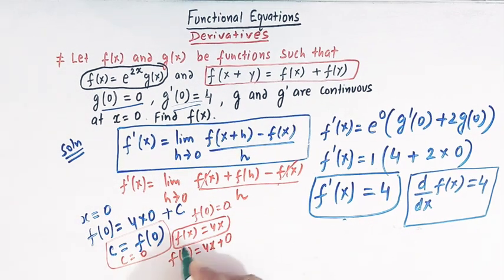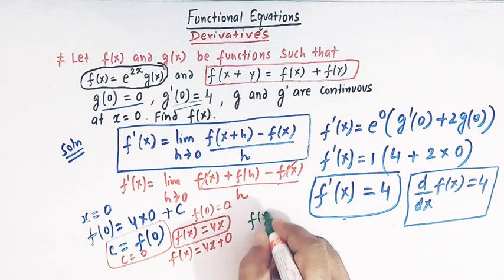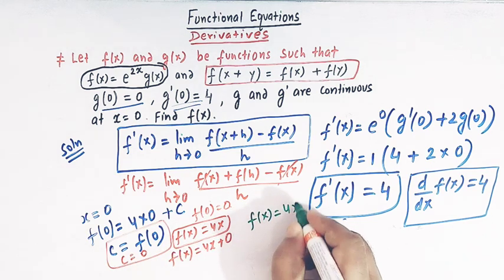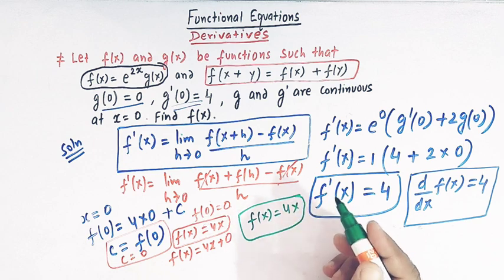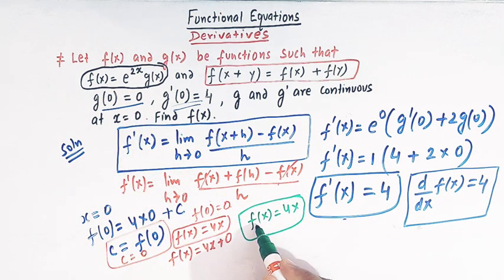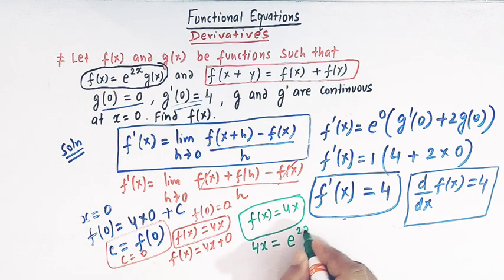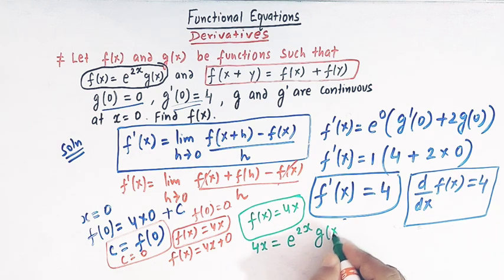So viewers, here we have seen that the form of the function f of x is a linear function, right? So f of x is 4x. Now let us find out the form of the function g of x. So taking f of x in this equation, we have 4x, and we have e raised to 2x times g of x.